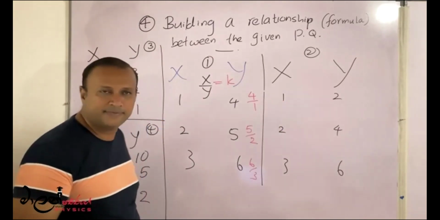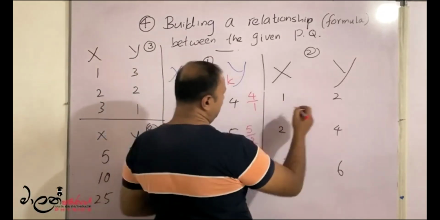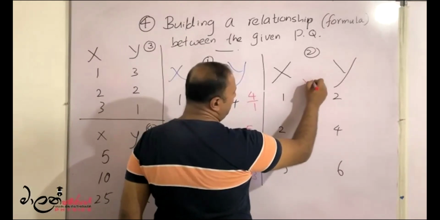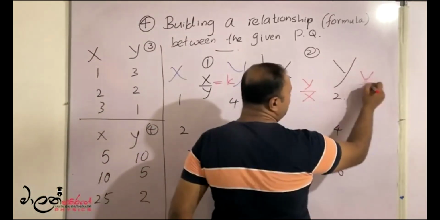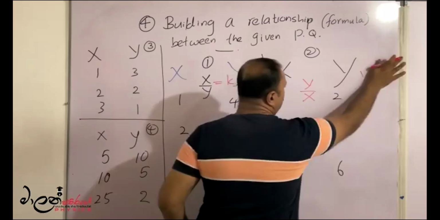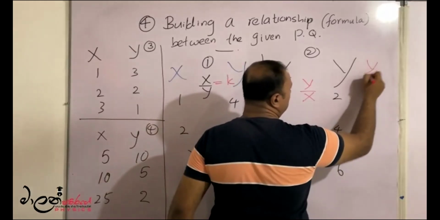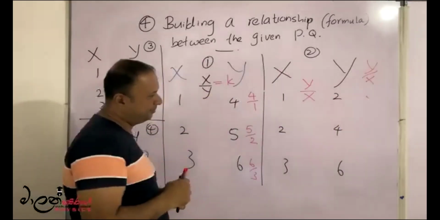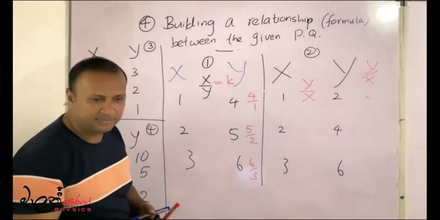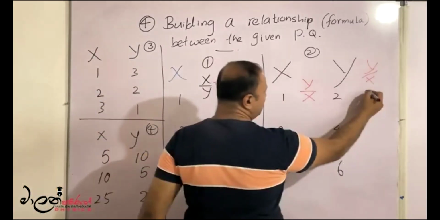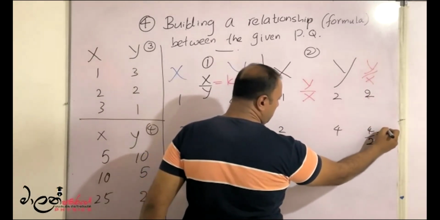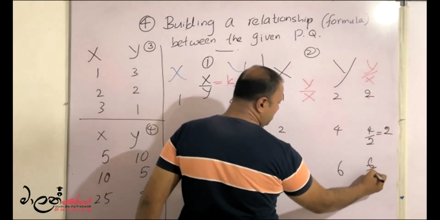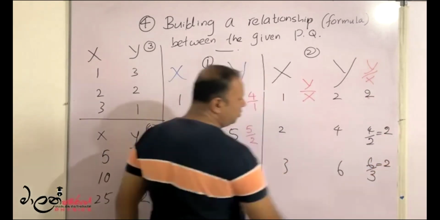Look at this one. x over y or y over x. Again y over x. So if I take y over x, what is the answer? In this case, 4 over 2, that is 2. In this case, 6 over 3, that is 2.